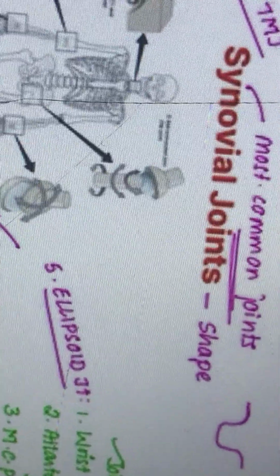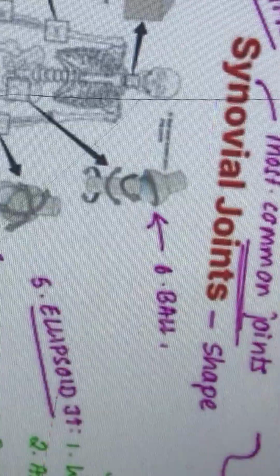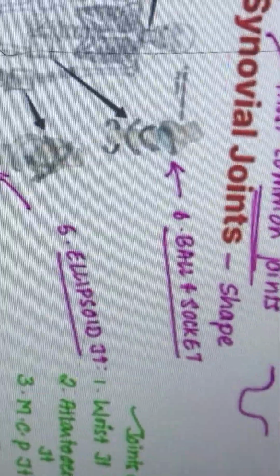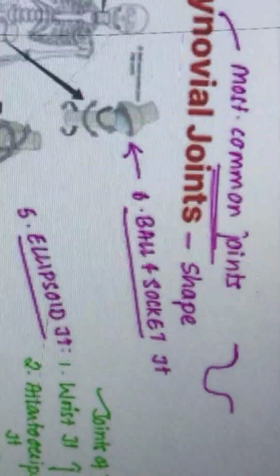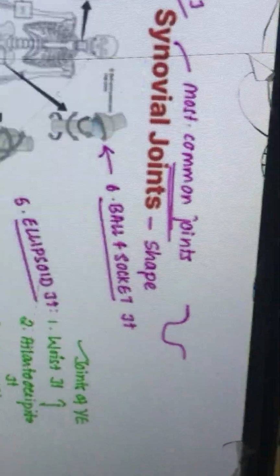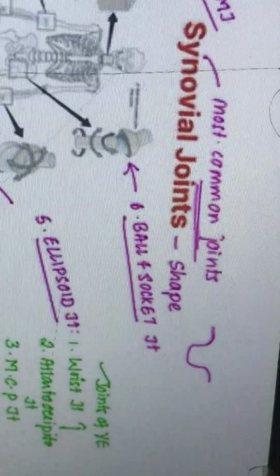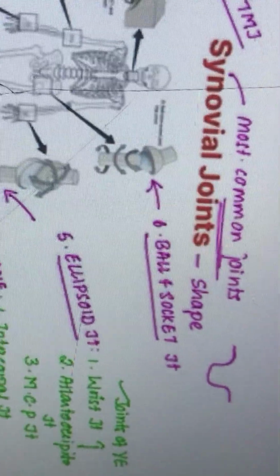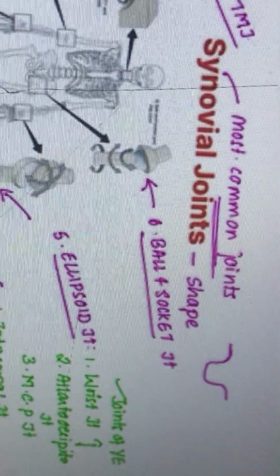Right. Then what about the sixth type? The sixth type is referred to as ball and socket type. So this is the ball and socket type of joint, where you have an articular head which is spherical, which fits in a cup-shaped depression. Right? So such joints are called as ball and socket type of joint.